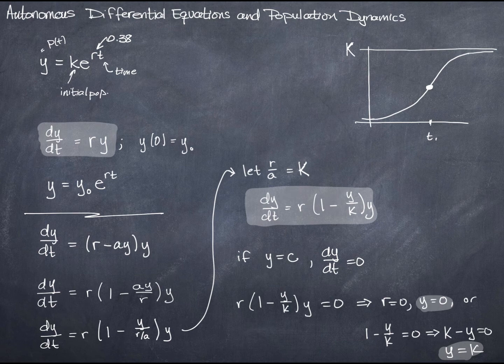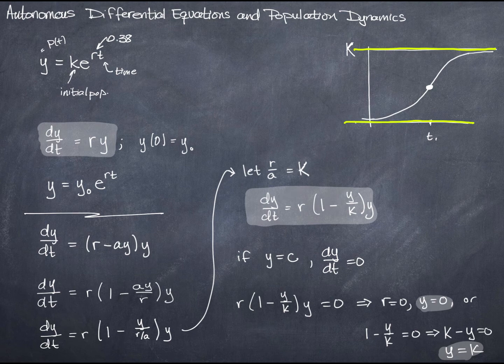If the growth rate is 0, biologically there may be a reason for that, and if you're studying biology, you might want to know why r equals 0. But mathematically speaking, we have two solutions: y equals 0 and y equals k.